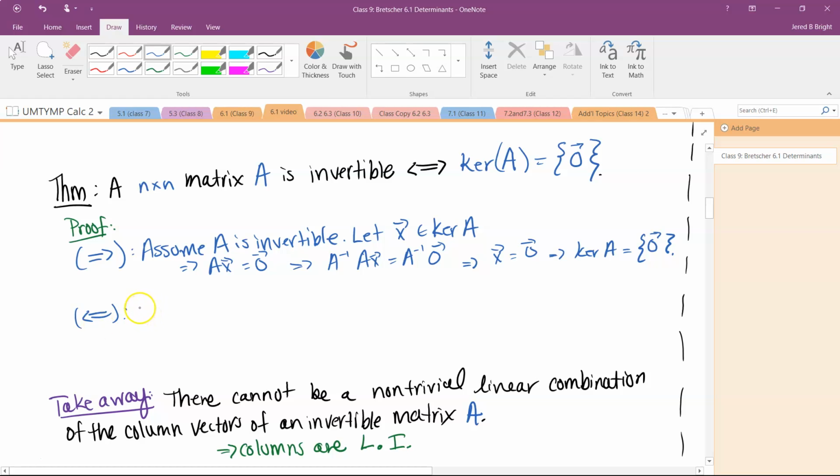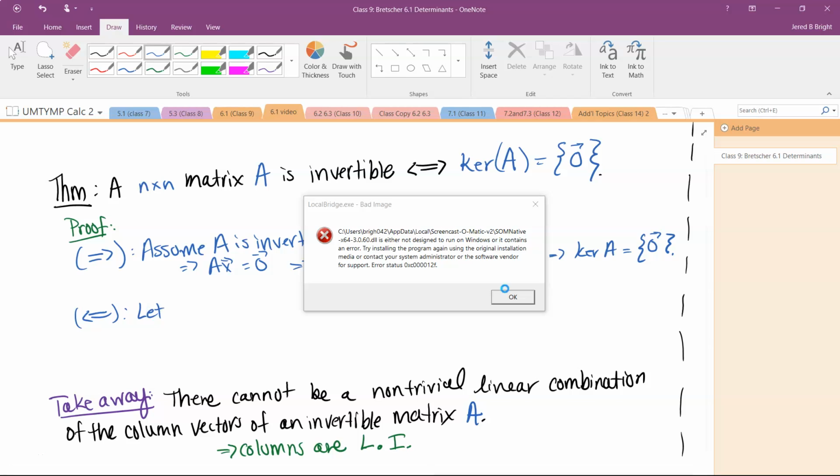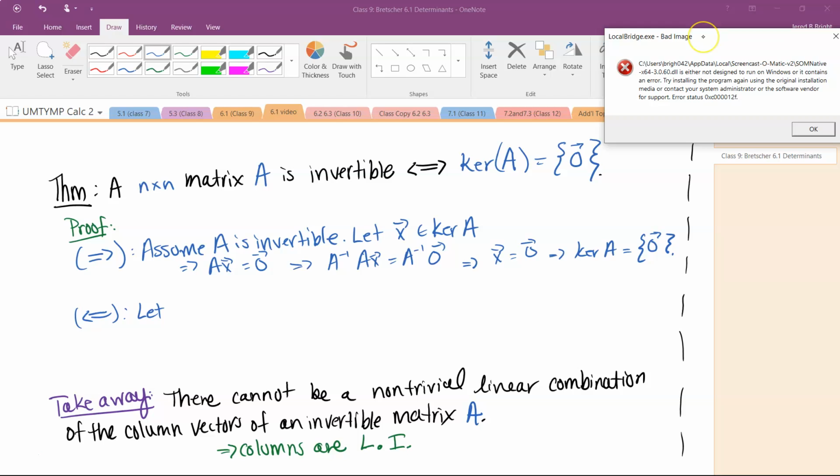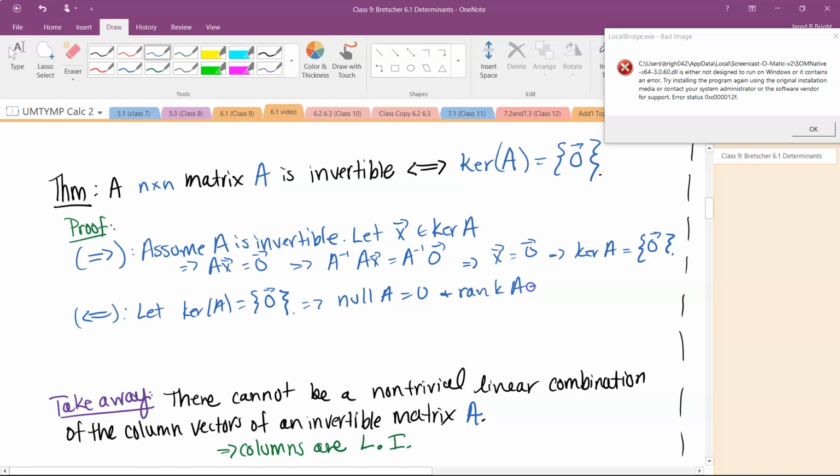Now working the other way, let the kernel of A be the zero vector. Then that means that the nullity of A is 0, and the rank of A is n, because it's an n by n matrix.